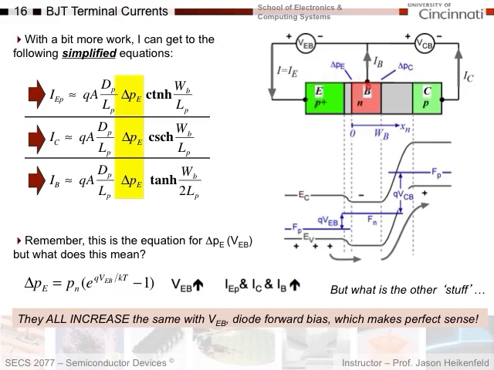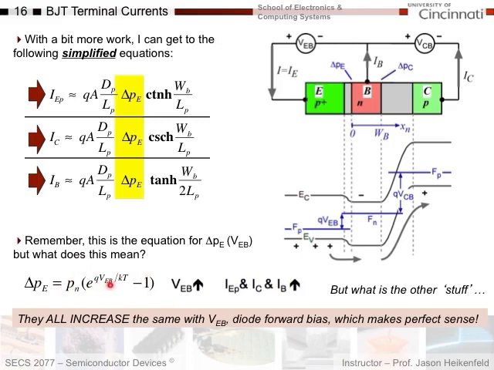Now, what this means essentially is that if I increase my forward bias across the emitter base, I expect to see more holes diffusing over into the base. So my emitter current will go up exponentially with delta PE, which increases exponentially with voltage.